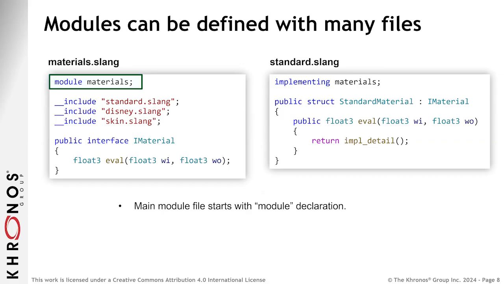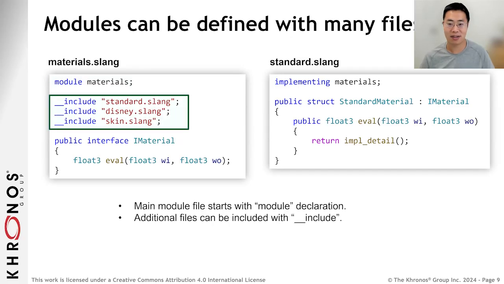So here, the main module file starts with the module declaration like you saw before. And following that, we use a bunch of additional lines to include those additional files into this module. Note that this is not to be confused with the preprocessor pound include.